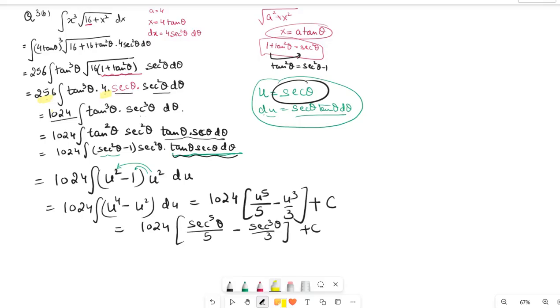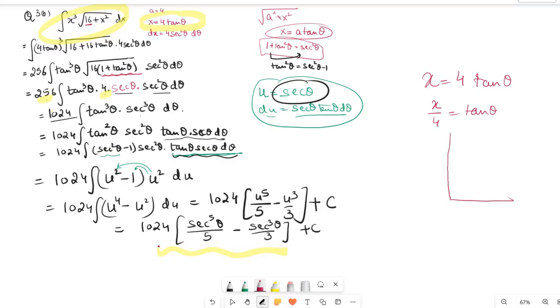We are almost done, but you notice the original question was in terms of x and we are writing the answer in terms of theta. That doesn't work. So we have to convert back into our x format. For that, we go to our original substitution, x is equal to 4 tangent theta. That means x by 4 is equal to tangent theta.